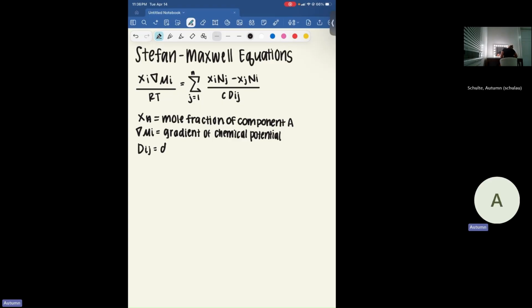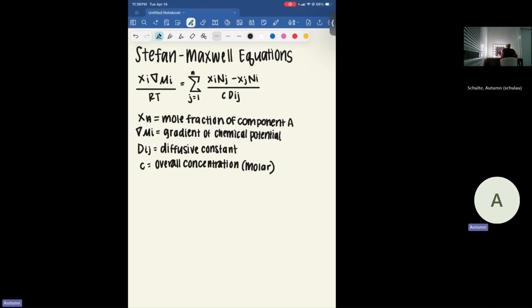So moving on, we have this capital D sub ij. This represents our diffusive constant, and this just tells us how species i diffuses into species j. Then we have this C term that represents our overall concentration, and this is in units of molar.